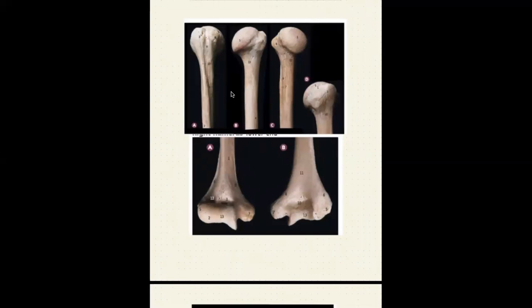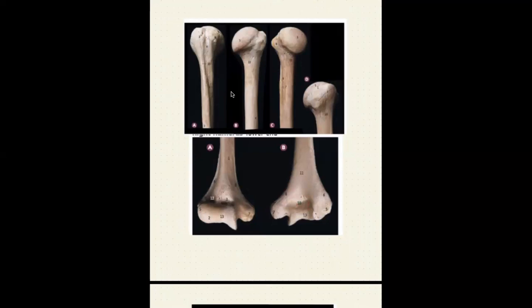Because there is medial epicondyle and lateral epicondyle here, number 5, and there is a trochlea. Okay, which one is trochlea? Number 13. And what is number 10? Fossa for olecranon process.